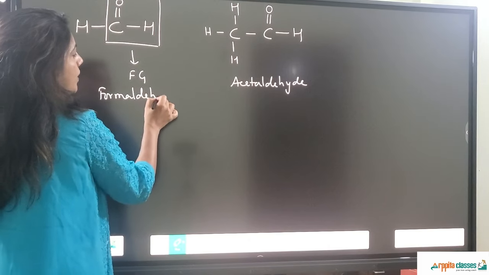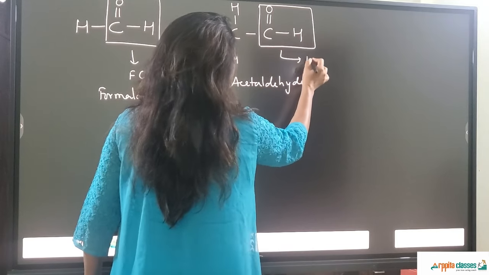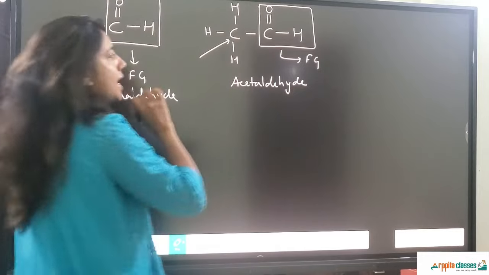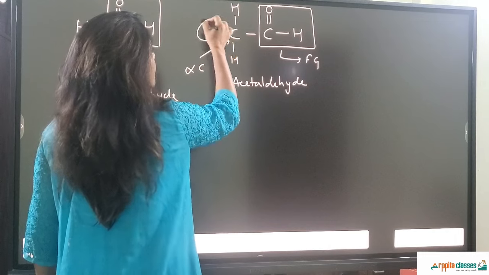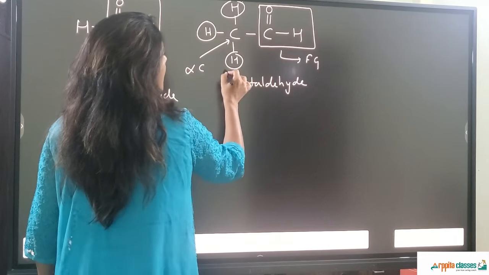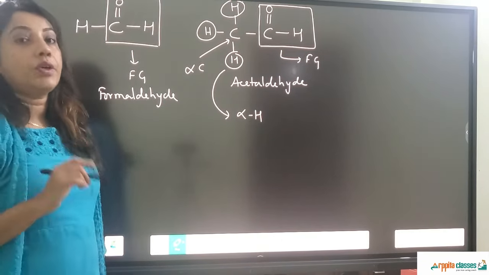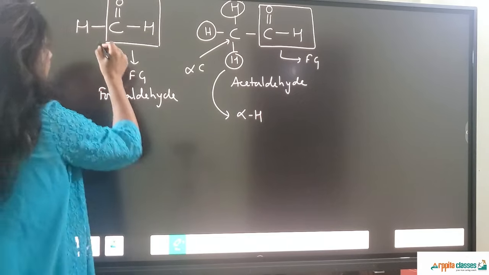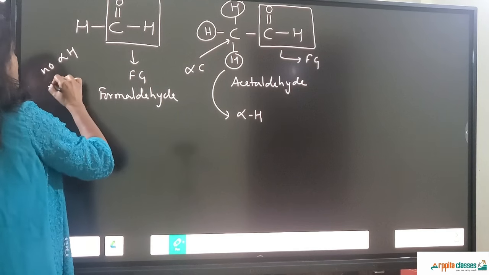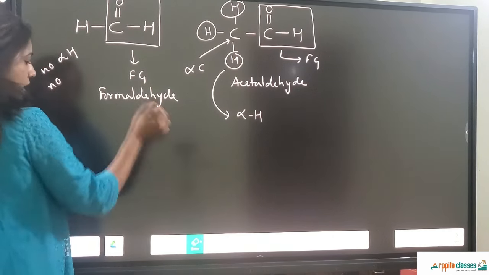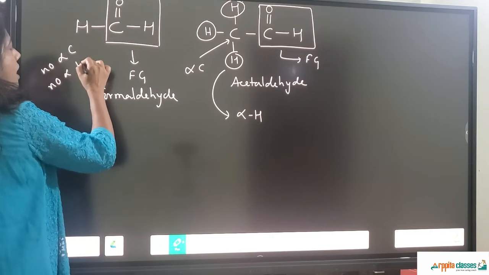The common name of the other aldehyde is formaldehyde. Now here you can see this is the functional group, and this carbon adjacent to the functional group is called the alpha carbon, and the hydrogens attached to the alpha carbon are called alpha hydrogen. So in this particular molecule, there are 3 alpha hydrogens present. In formaldehyde there is no alpha carbon, and hence there is no alpha hydrogen.